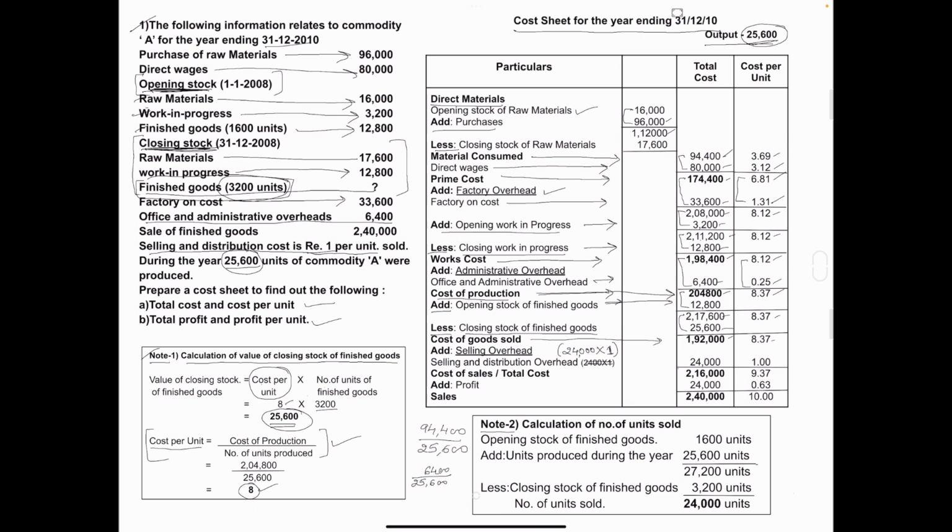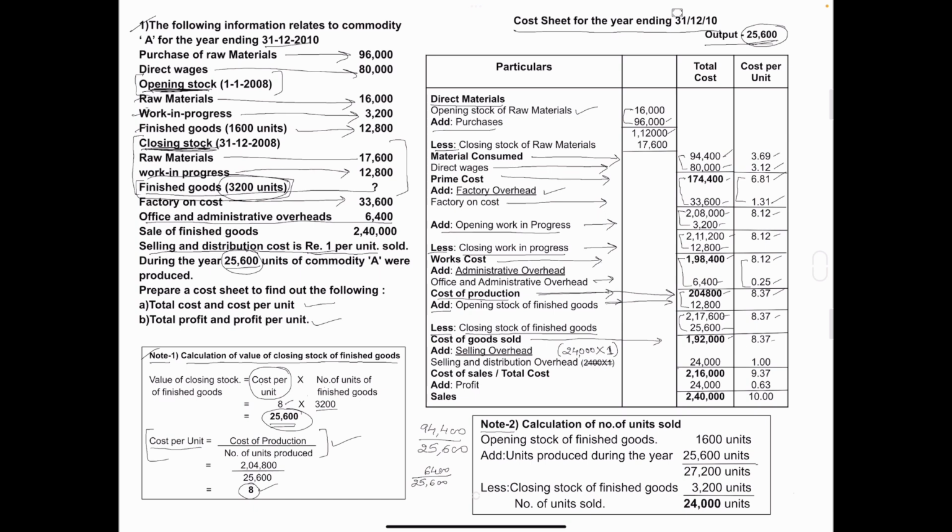First we have to take opening stock of finished goods, then add units produced during the year, then less closing stock of finished goods, and whatever units or quantity we get, that is called number of units sold. So during this year they have sold 24,000 units.